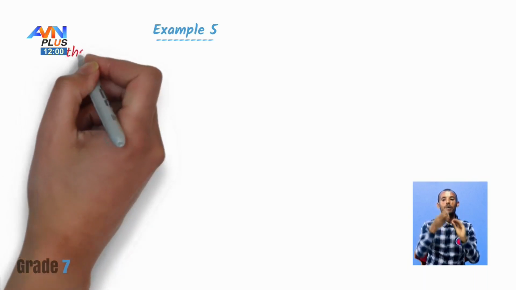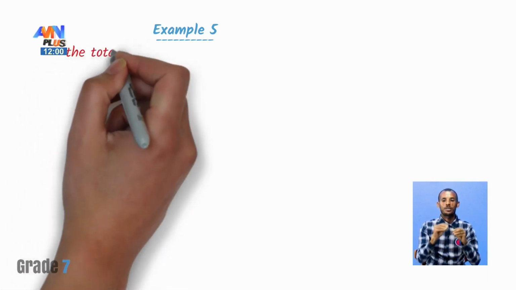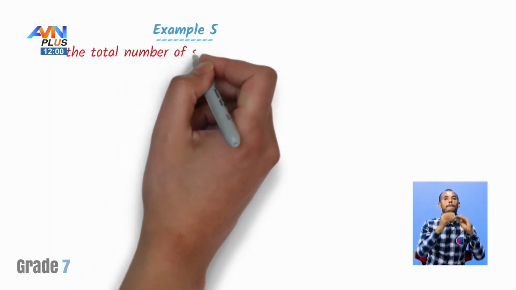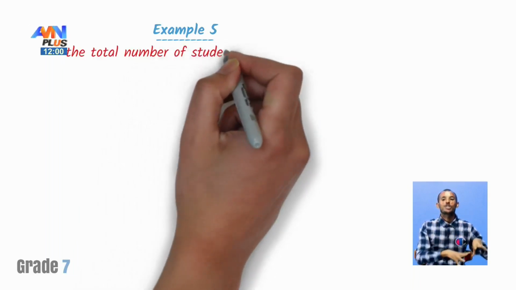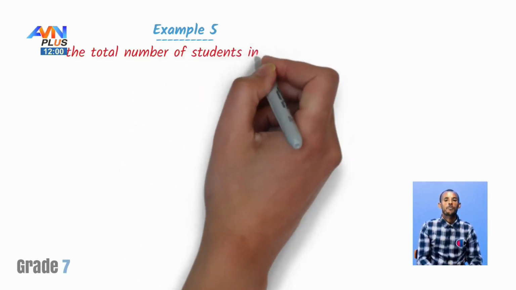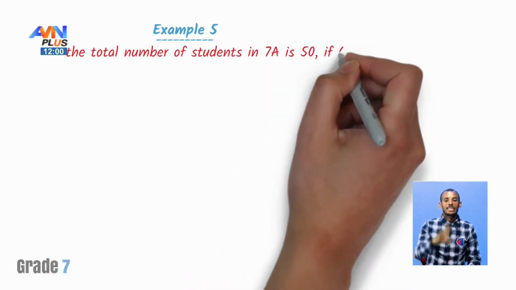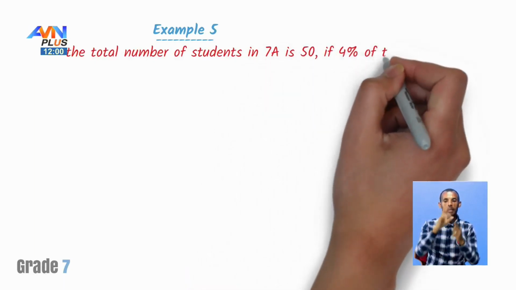The total number of students in 7A is 50.